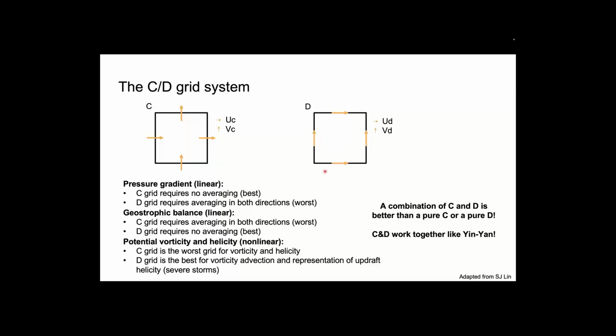So SJ's philosophy was that using the CD grid together is better than a pure C and a pure D, for different reasons that are presented on the slide and in his paper. So if you are interested, please check SJ's paper.